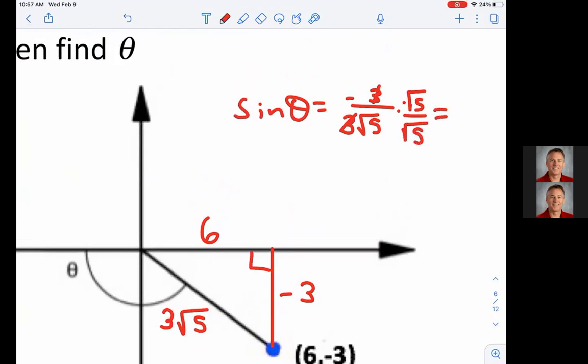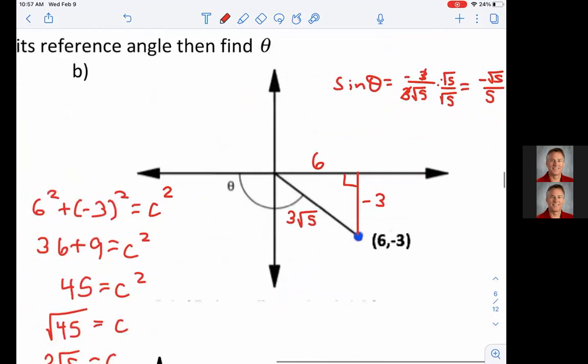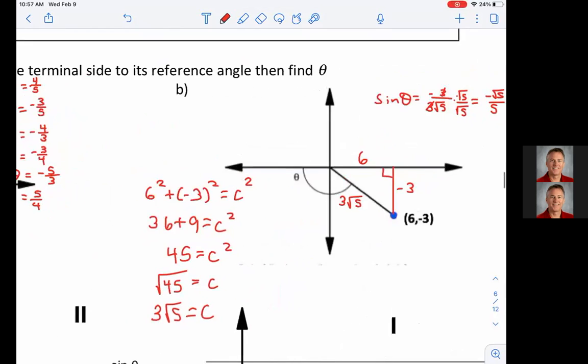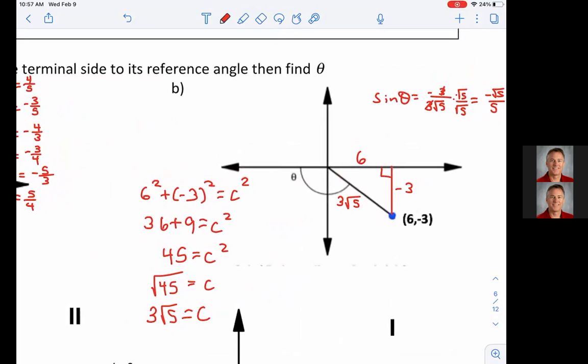And so the sine would be -√5 over 5. So the reason I want to show you that is that the answers are not always as clean as we had in part A, where they were nice, nice fractions without any radicals.